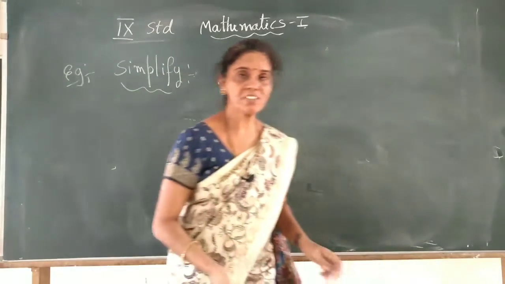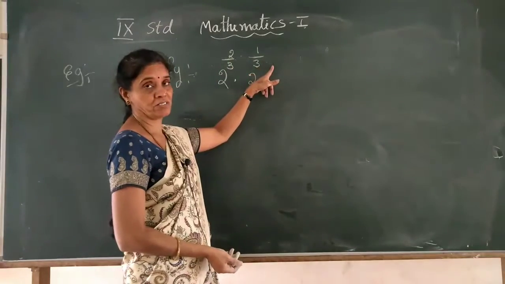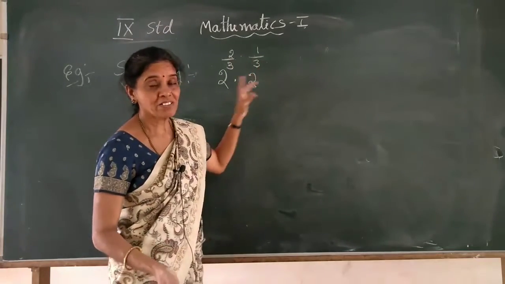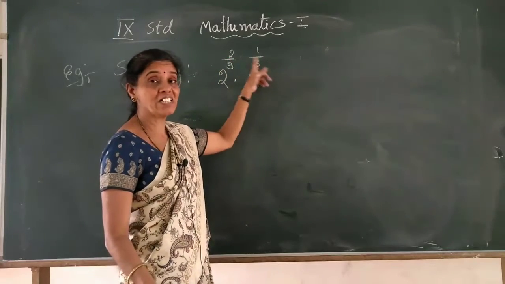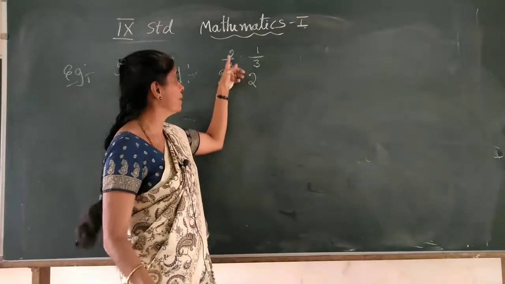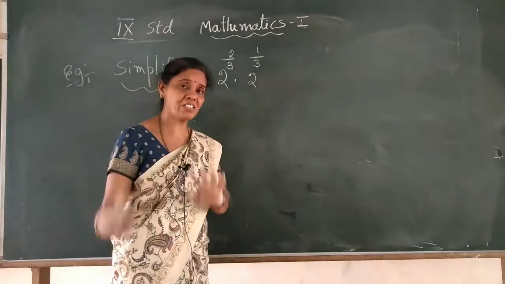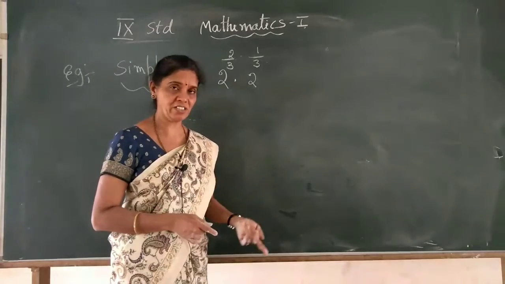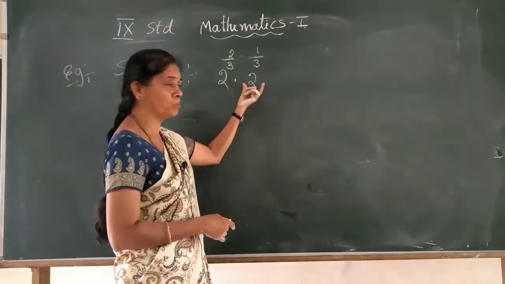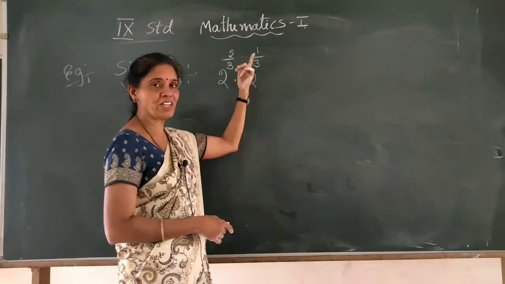Now how to solve this problem? Here they are not integers, but no problem. Just now we wrote the rule. 2 by 3 is a rational number, 1 by 3 is also a rational number. For rational numbers also, we can apply the same rule which you have studied in 8th standard. So the base is same here, 2. So it is like a to the power of m into a to the power of n.